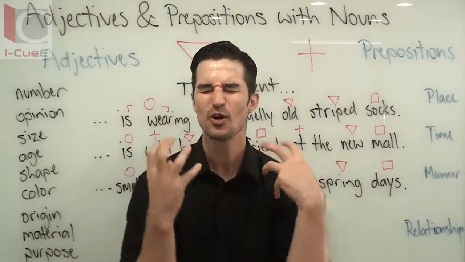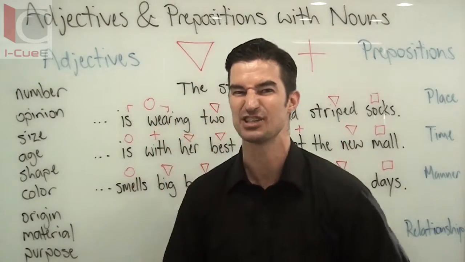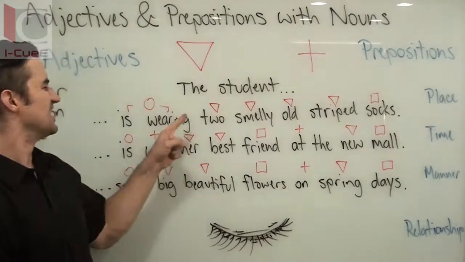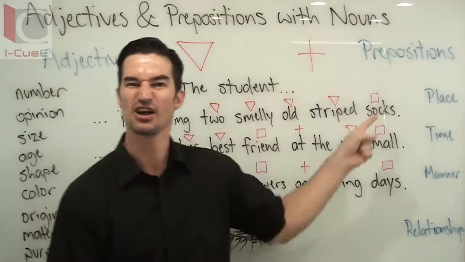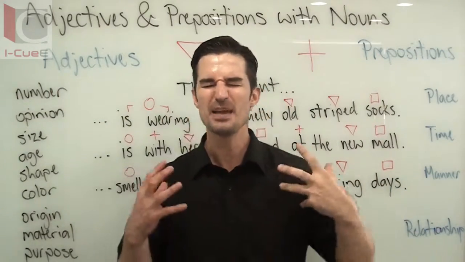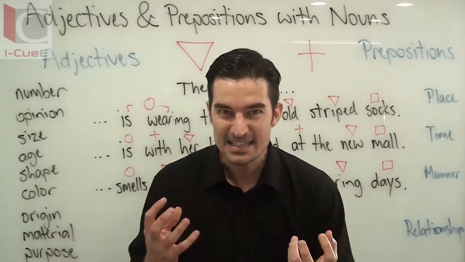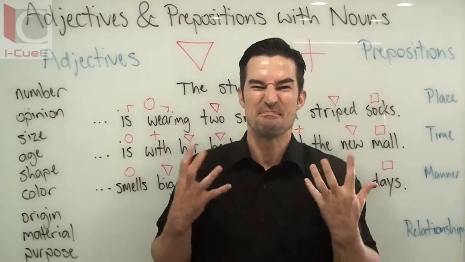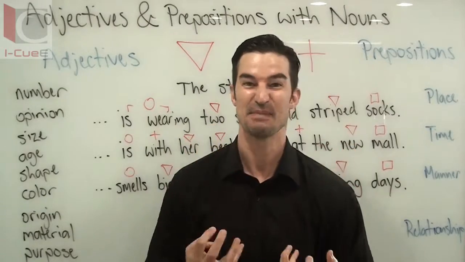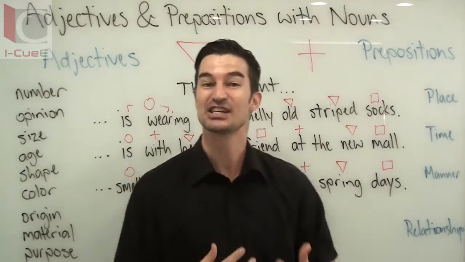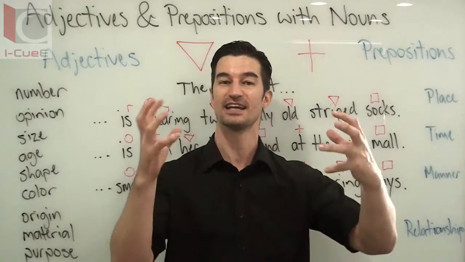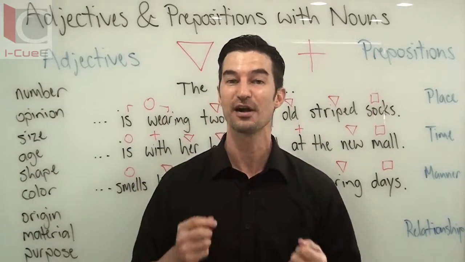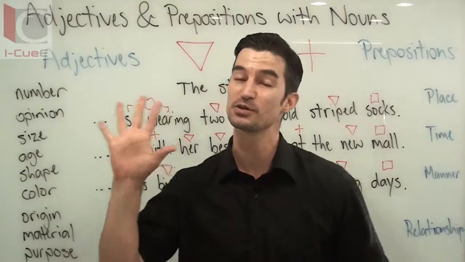And if you can close your eyes and you can imagine the 2 smelly, old, striped socks, then you should be able to picture it, maybe even smell whatever they smell like, and this is what adjectives do. They give you more information and they create a better picture using those 5 senses.